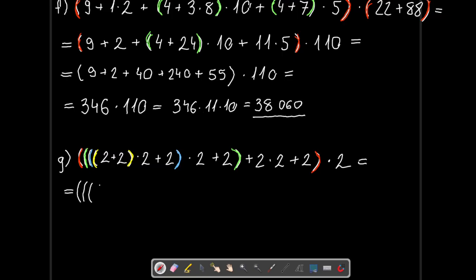plus 2 is 4. Times 2 plus 2. And let's just copy everything else here. Okay. So we solved the green bracket.